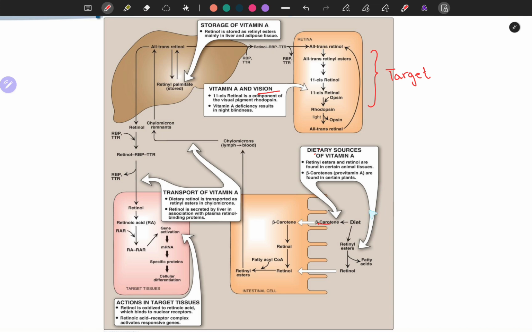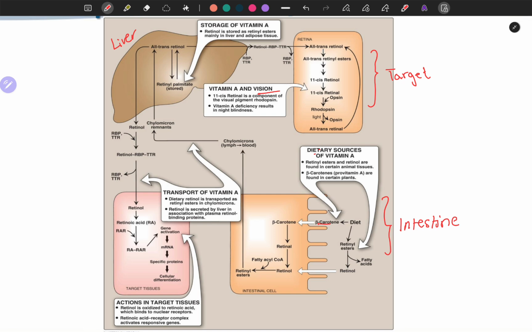So the vitamin A will bind to the receptor. The vitamin A receptor complex will bind to specific regions of the DNA, affecting mRNA transcription, resulting in the synthesis of a specific mRNA, resulting in the synthesis of a specific protein which will bring about the desired physiological or cellular response. Is it clear now?